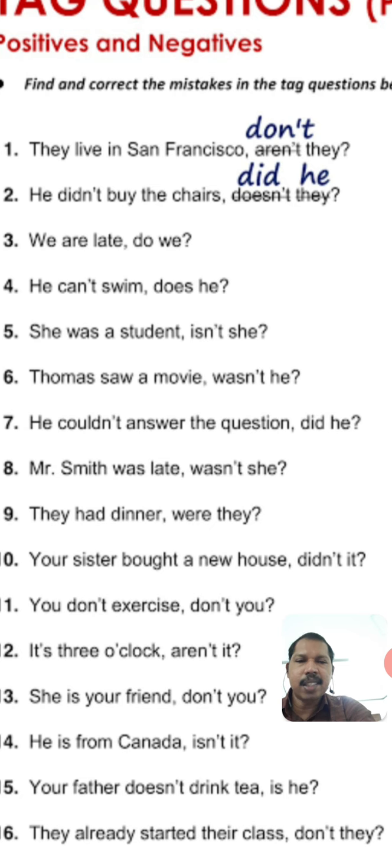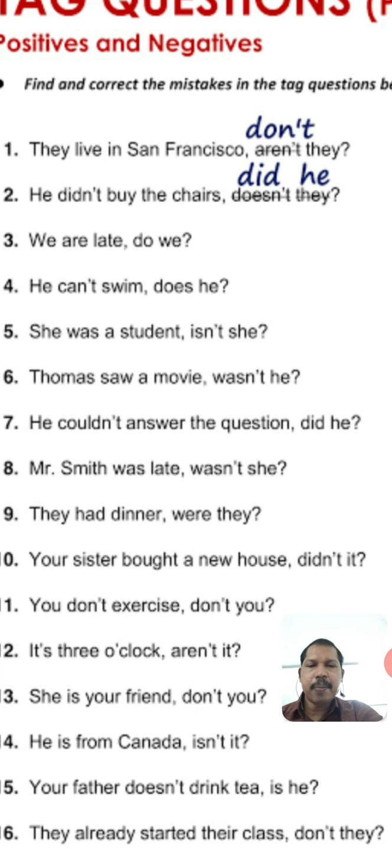So did plus see. We split that into did plus see. What is the negative for did? Didn't. Instead of Thomas, what we have to use? He. So didn't he. Thomas is not a personal pronoun, so it has to be changed into he. As it is male, we are using he.